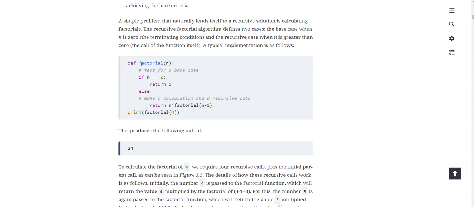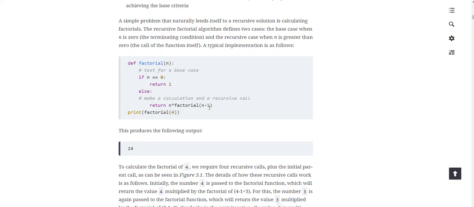But we've got this function or this method calling itself. How many times is it going to call? It can't call when that's a 0.